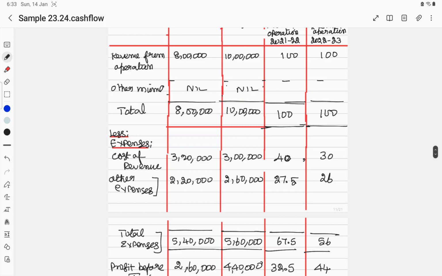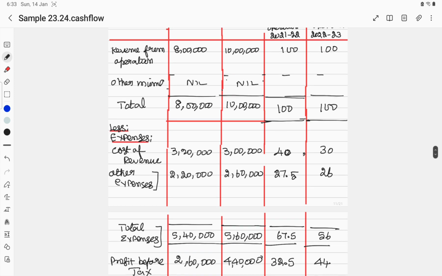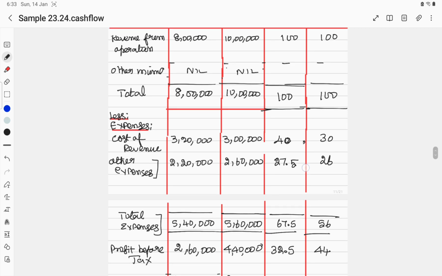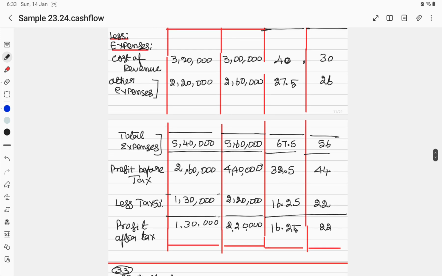Less expenses, cost of revenue 22-23 3 lakh 20,000, other expenses 2 lakh 20,000, therefore totally 5 lakh 40,000, therefore profit before tax 2 lakh 60,000, less tax 50%, that is 1 lakh 30,000.